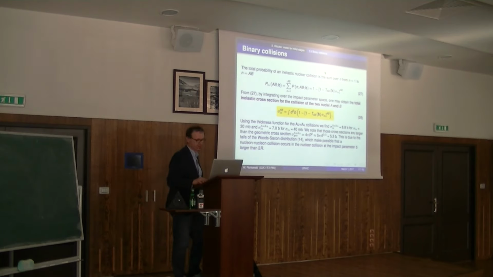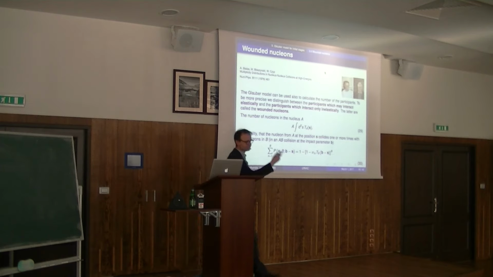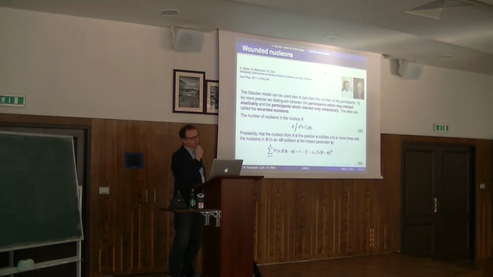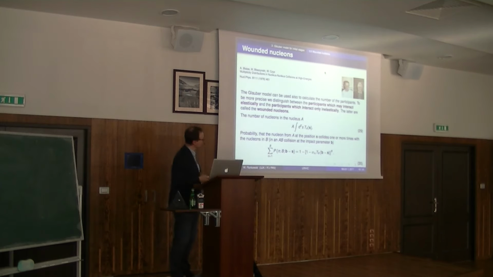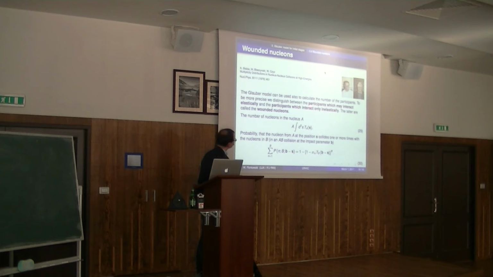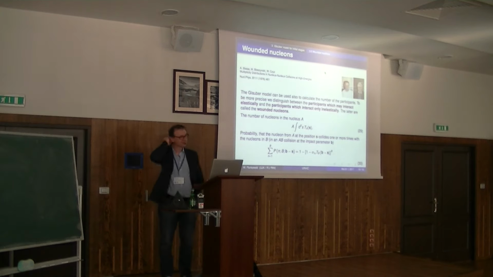One can calculate not only the number of binary collisions, but also the number of nucleons which suffer at least one inelastic collision. Such nucleons are called wounded nucleons. This term was introduced by Białas and Krzyż in Krakow in 1976. I think participants were introduced at Berkeley, I guess.